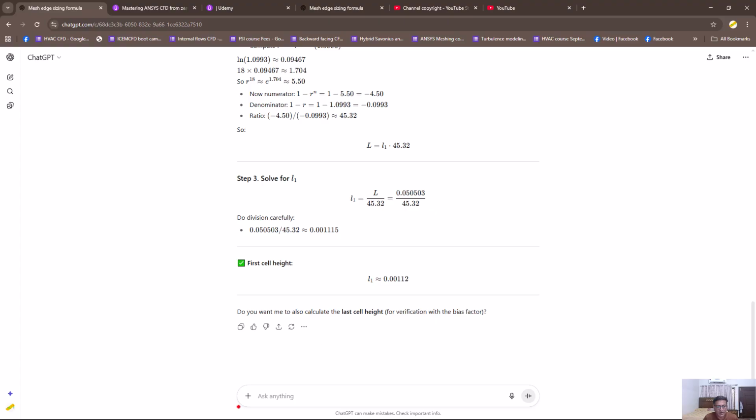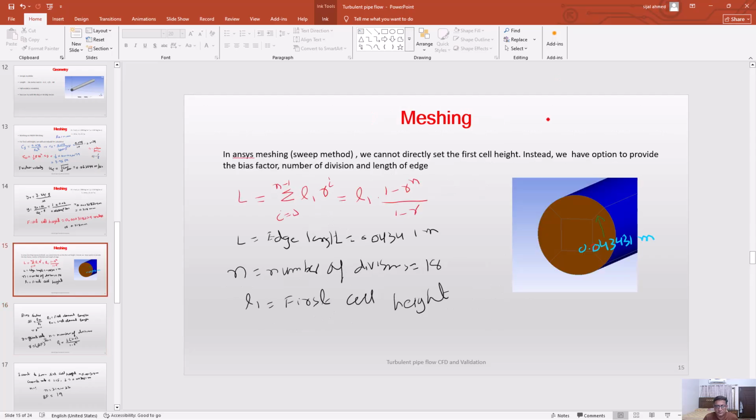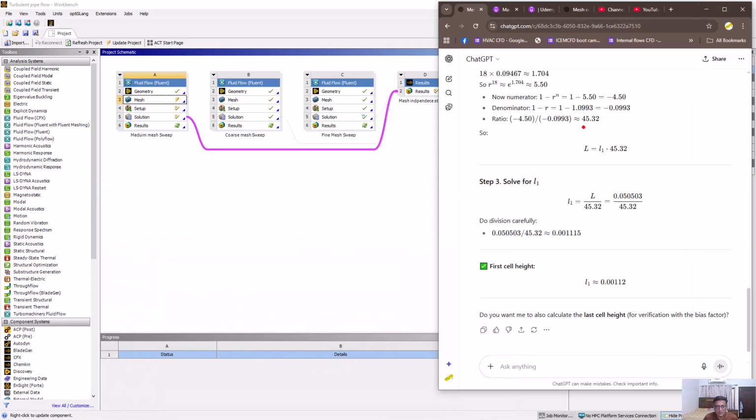But what I want is my first cell height. Let me show you.